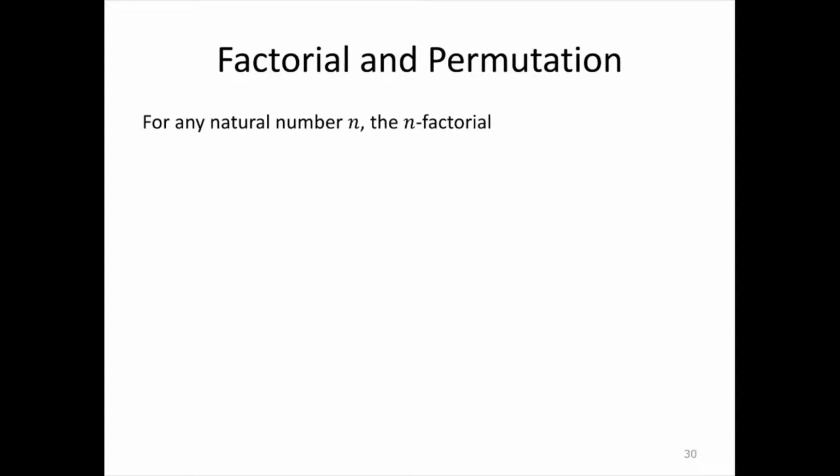So we define what we call the n factorial for a natural number n, which is equal to n times n minus 1, n minus 2, times 3 times 2 times 1. We denote it by n with an exclamation mark. So that's for a natural number, but 0 factorial we define as 1.